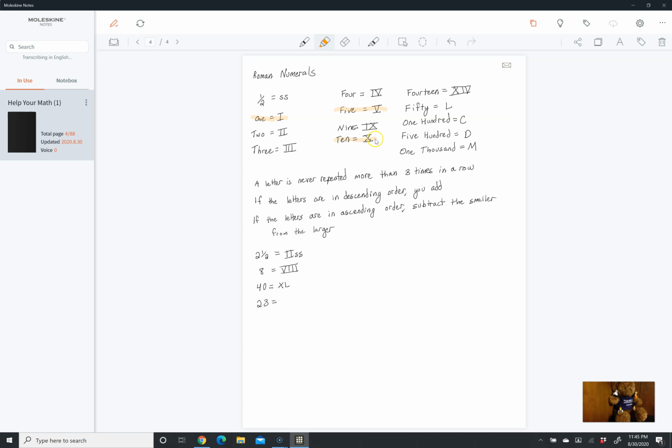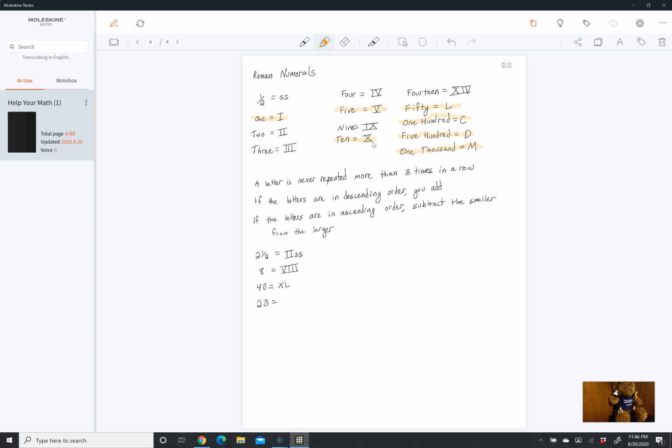5, 1, 5, 10, 50, and then all 3 of these, 100, 500. I hope you enjoy my very straight lines here. And 1,000. So 20, in order to write 20, well, 10 is the largest that comes before 20. To get to 20, you only have to add 2 10s.